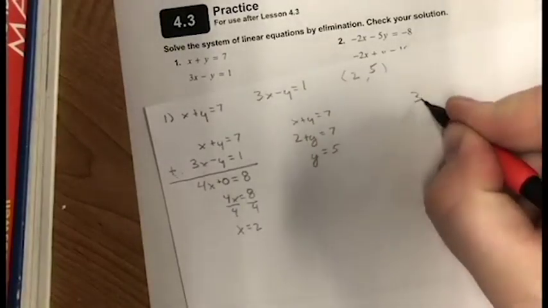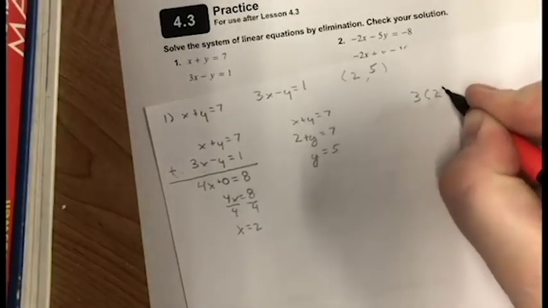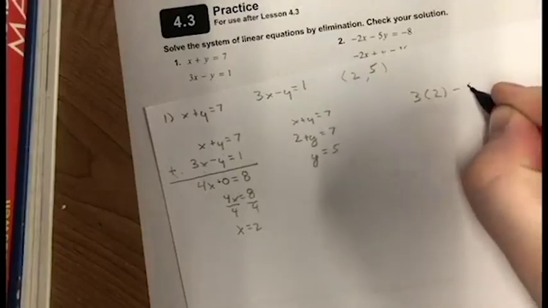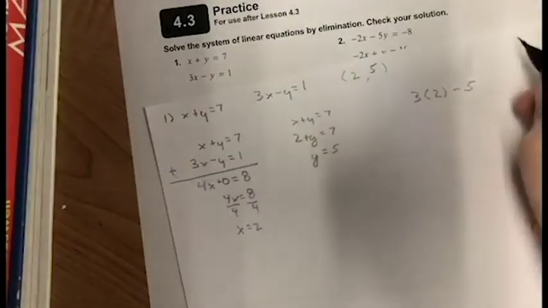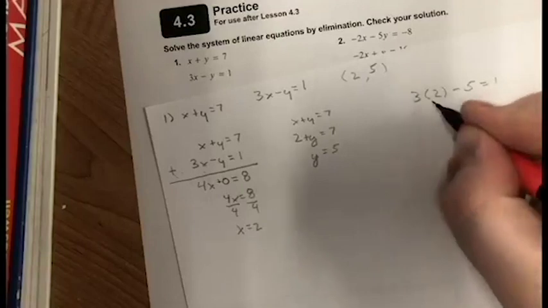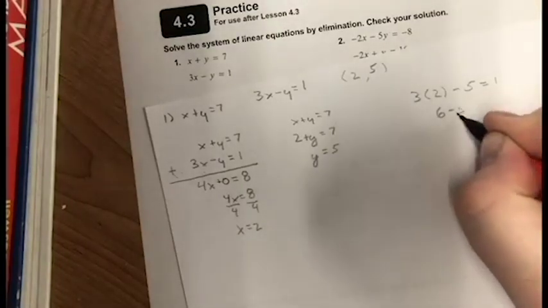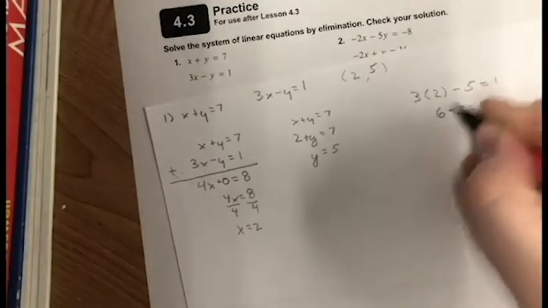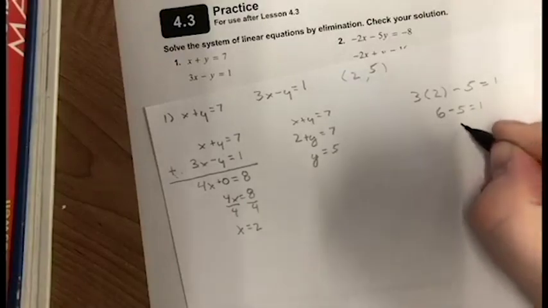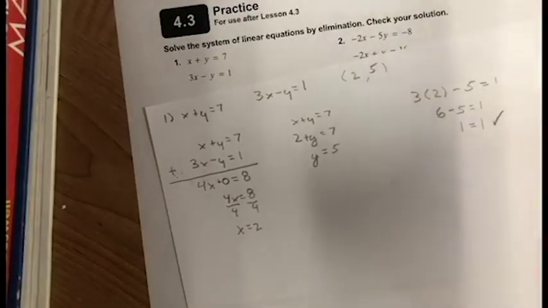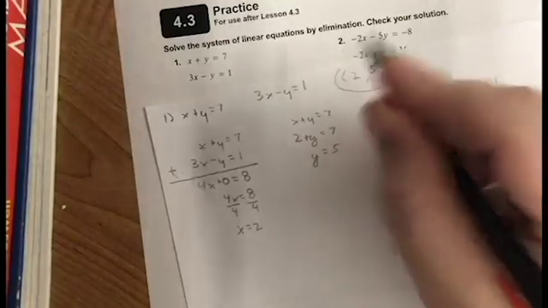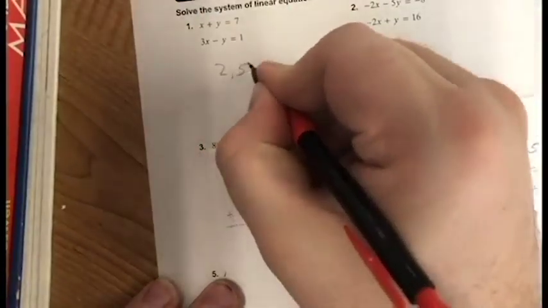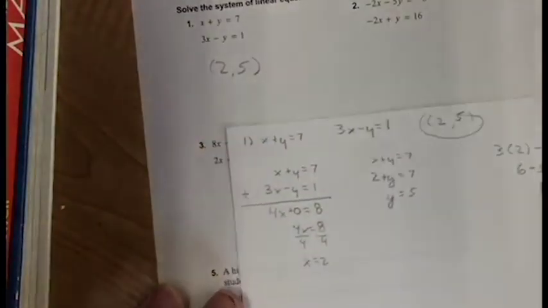So I'm going to go 3 times my x, in this case it's 2, minus 5, which was what we just said to be y, equals 1. 3 times 2 is 6, minus 5 equals 1. Is this a true statement? Does 6 take away 5 equal 1? It does. So our answer indeed is (2, 5). So this is the solution to this system of equations.